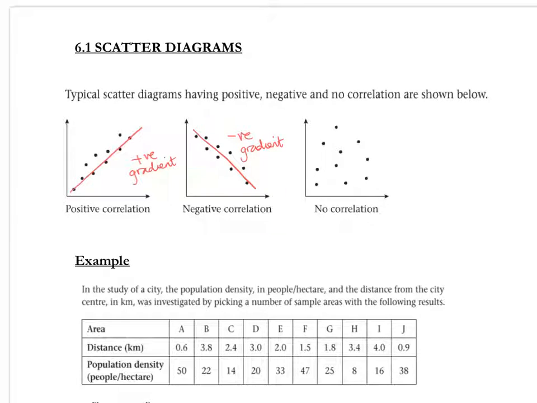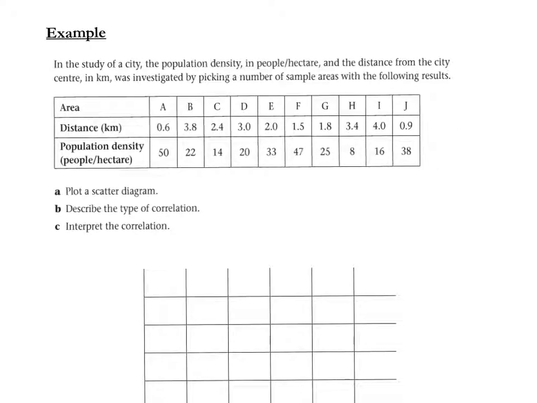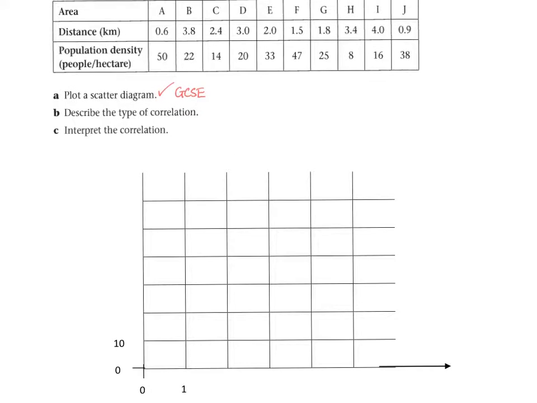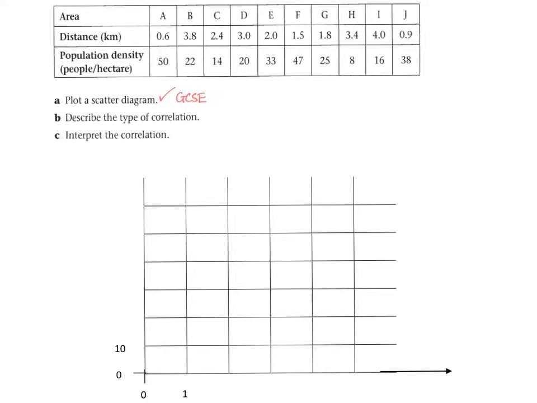Let's look at the first example then. I'm assuming that you can actually draw a scatter diagram. So in the first part you've been asked to plot a scatter diagram here, so that's just simply from GCSE. So if we look at the diagram, we just need to put a scale on our axes. We need to label our axes as well.